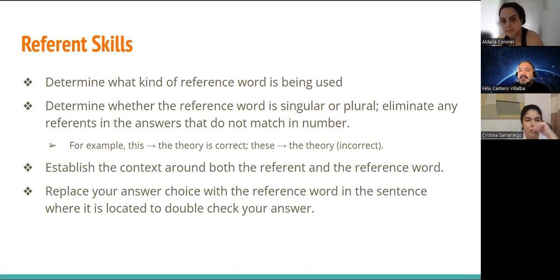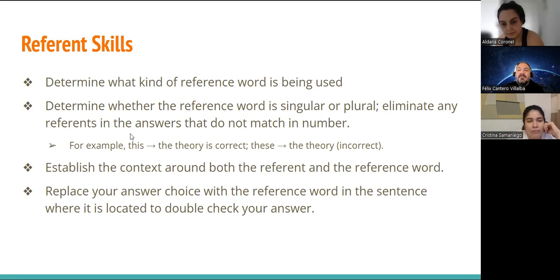Okay. The next one. Determine whether the reference word is singular or plural. Eliminate any reference in the answer that does not match in number. For example, this: the theory is correct. This: the theories, incorrect. Exactly.